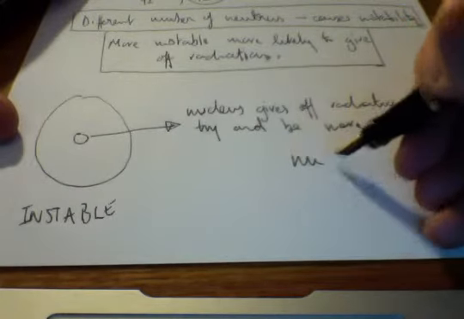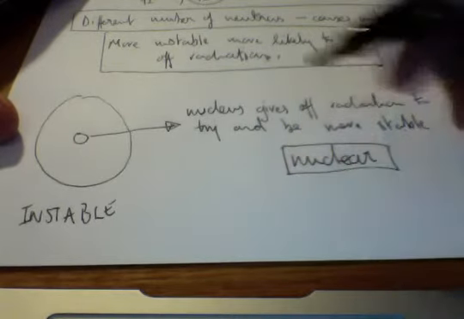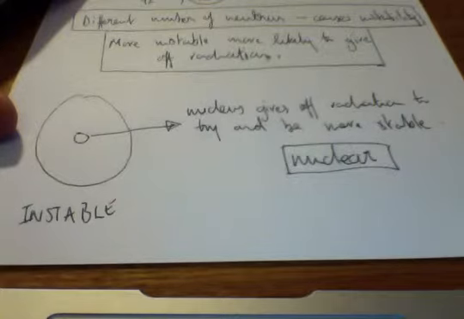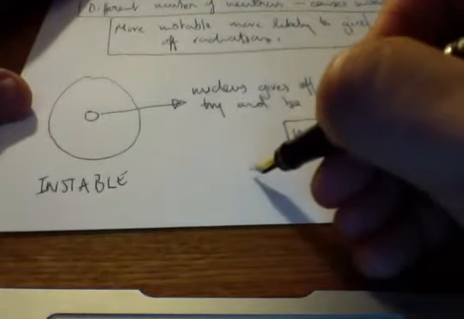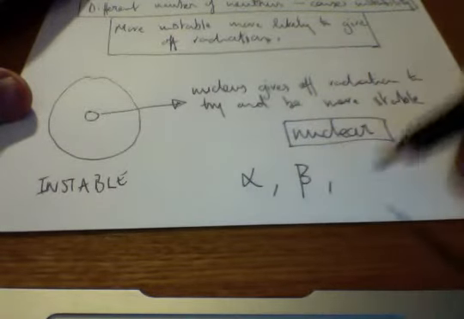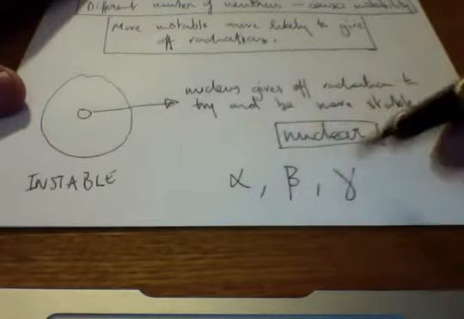Hence, a nuclear process. It's nuclear because it comes from the nucleus. And I hope it makes sense to you. We say it can do this in one of three ways, either by alpha, by beta, or by gamma emission. Only one of those three. You can't just spit out a neutron or spit out a proton. It could spit out an alpha, a beta, or a gamma only.